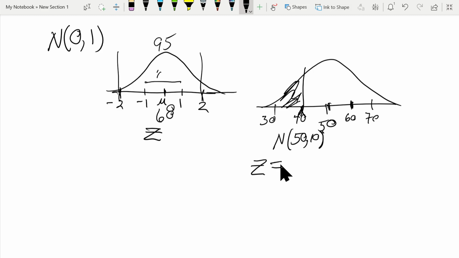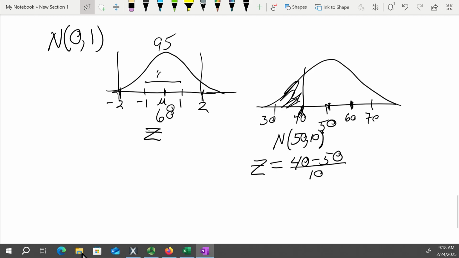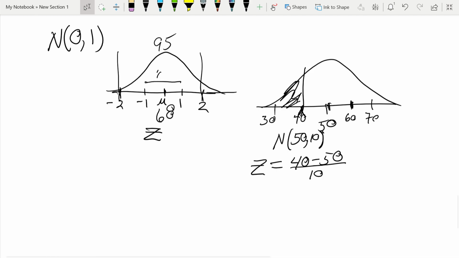It's real numbers. I want the z-score for 40. I subtract the mean and divide by the standard deviation. When I do that, I get 40 minus 50 is minus 10, divide it by 10, and I get minus 1. So this here is in that position.